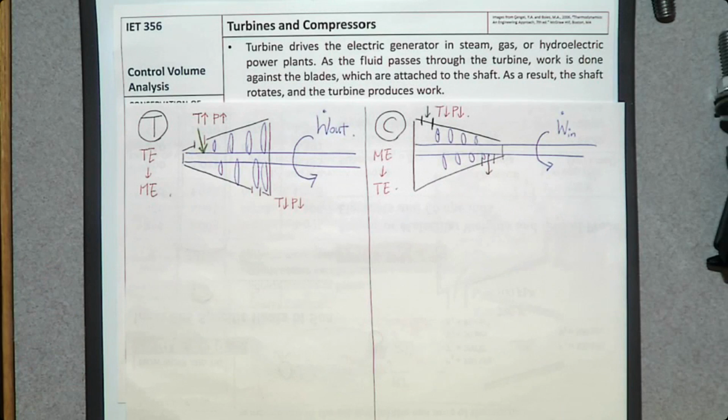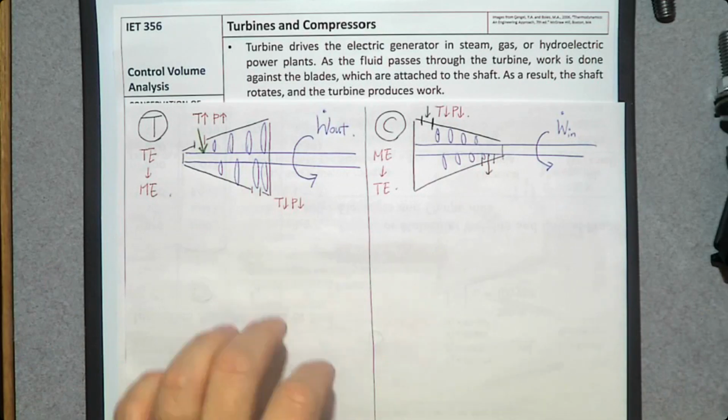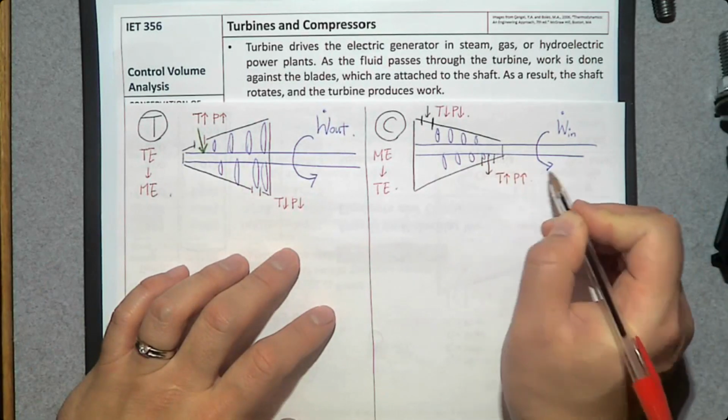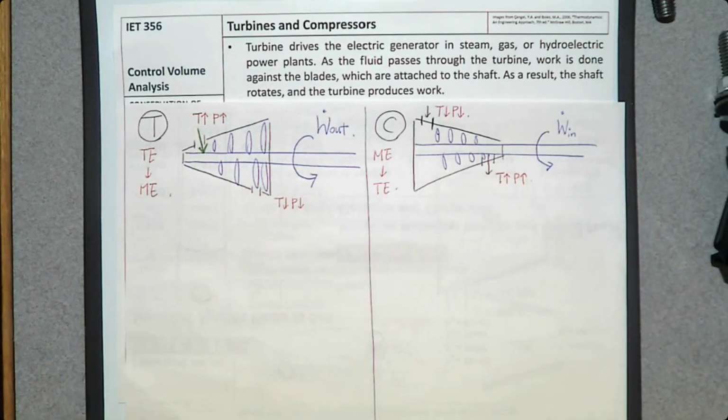And due to the shape of this compressor, that pressurizes the working gas. So its temperature goes up, its pressure goes up. At the exit, high temperature, high pressure gas exits this compressor.